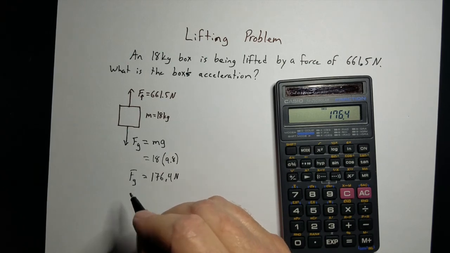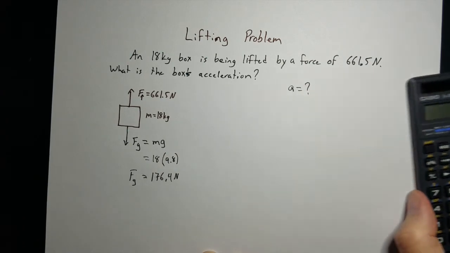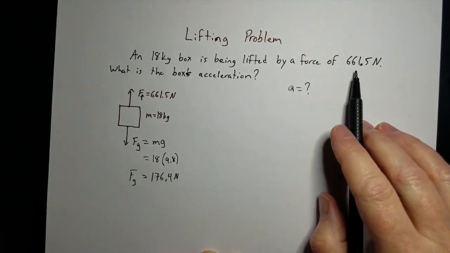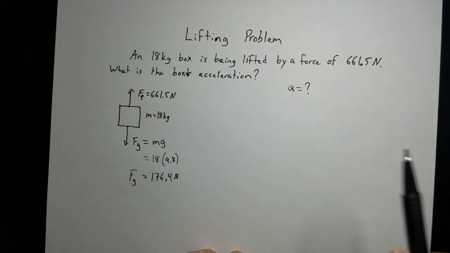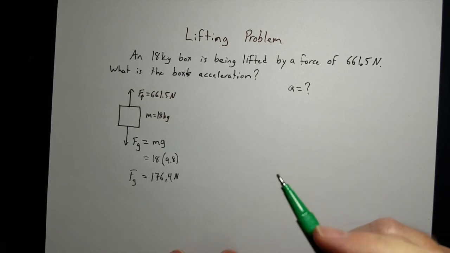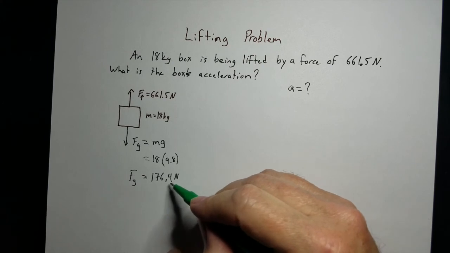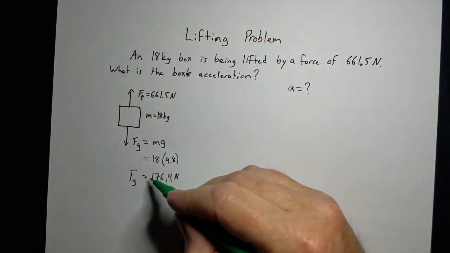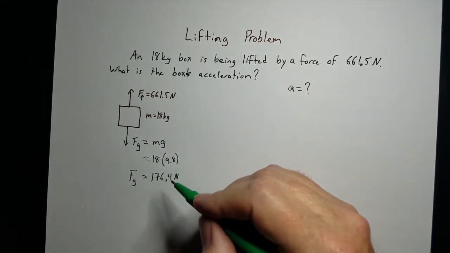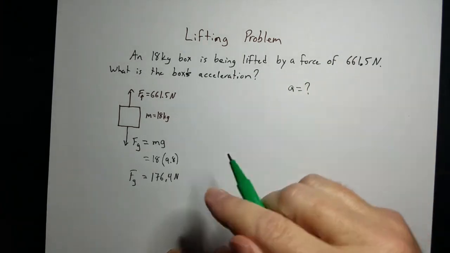So we have to at least lift with that much just to get it off the ground. Well, we're lifting with 601.5, so we got plenty of force. So it's definitely coming off the ground. So we need to figure out by how much, what's the net force that's actually moving the object. Because the first 176.4 newtons of this is just going to counteract its weight. What's left over is actually going to move it.